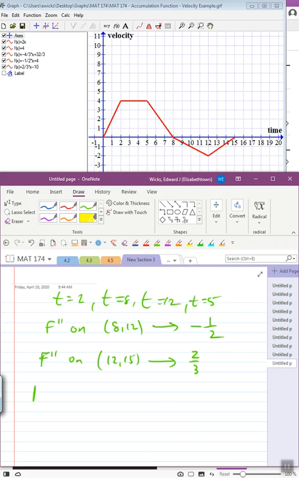So what does that tell you about f? Let's say at t equals 12. What's going on with big F at t equals 12? And remember, big F is a graph we're not seeing here. We're just inferring things about the graph of f.